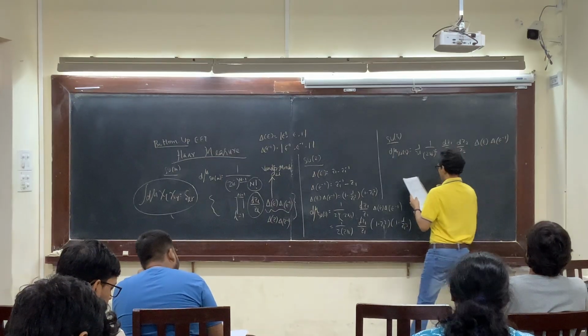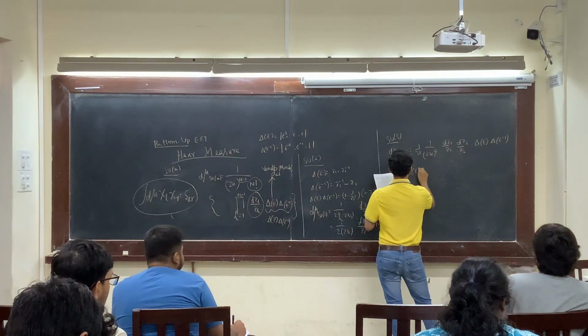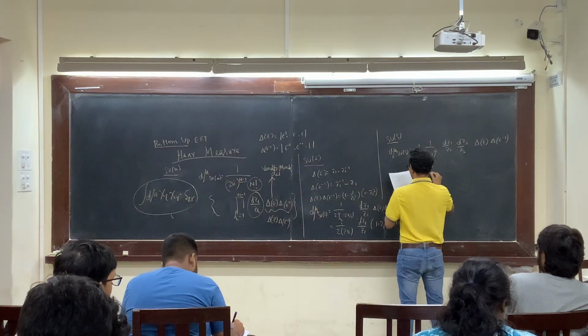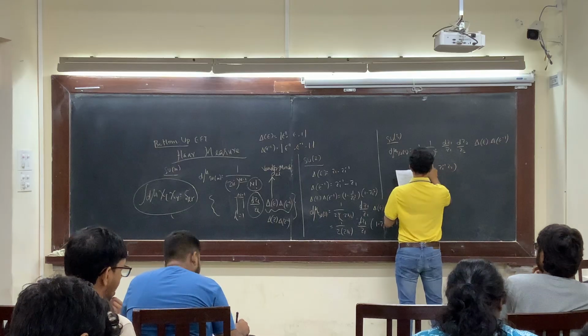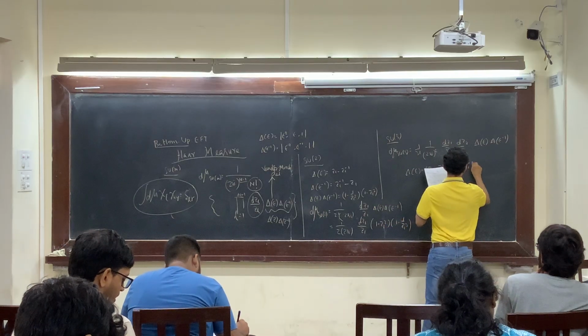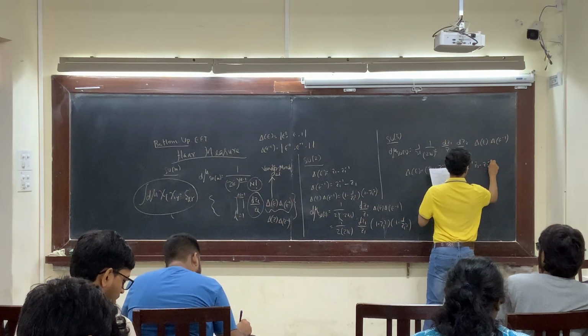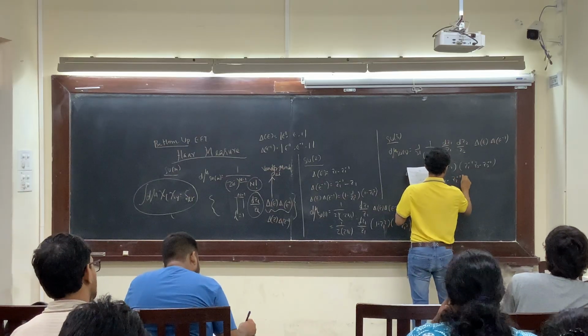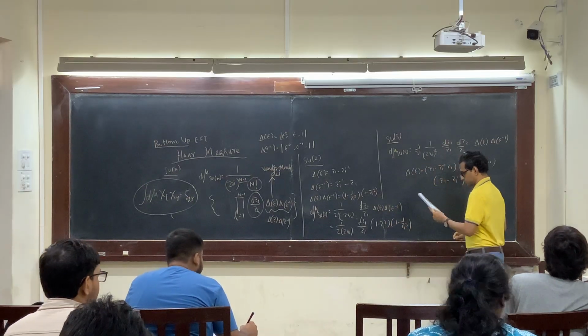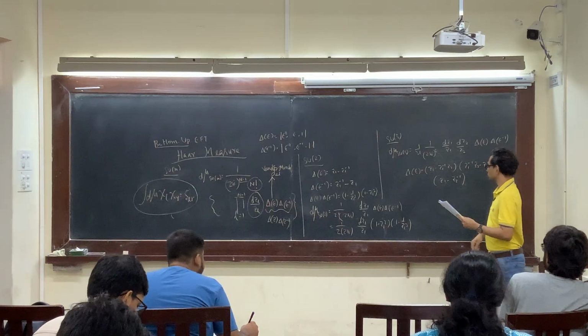Here the delta epsilon for SU3, as we have calculated while calculating the characters, is z1 minus z1 inverse z2, then z1 inverse z2 minus z2 inverse, and then z1 minus z2 inverse.